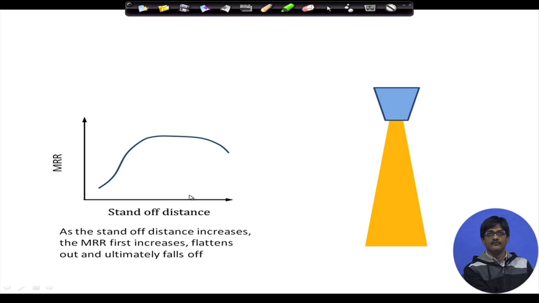So, this is the way we find the variation of MRR with standoff distance.